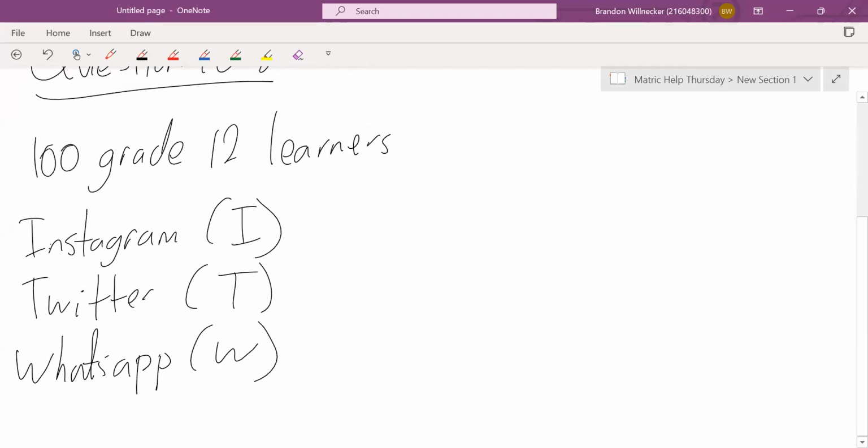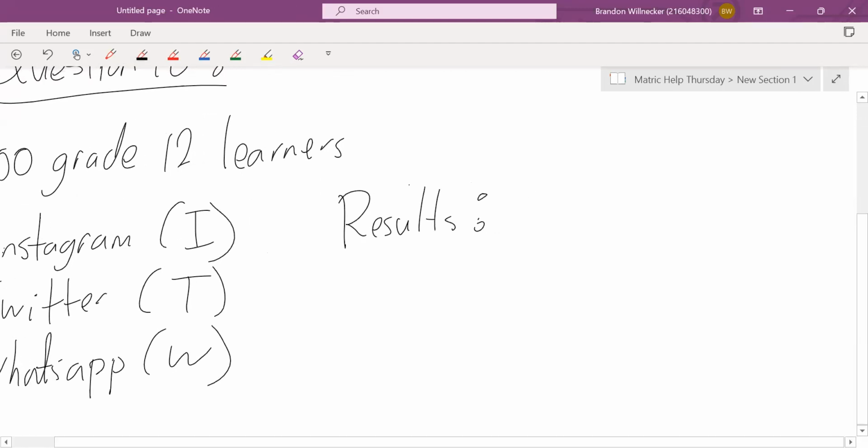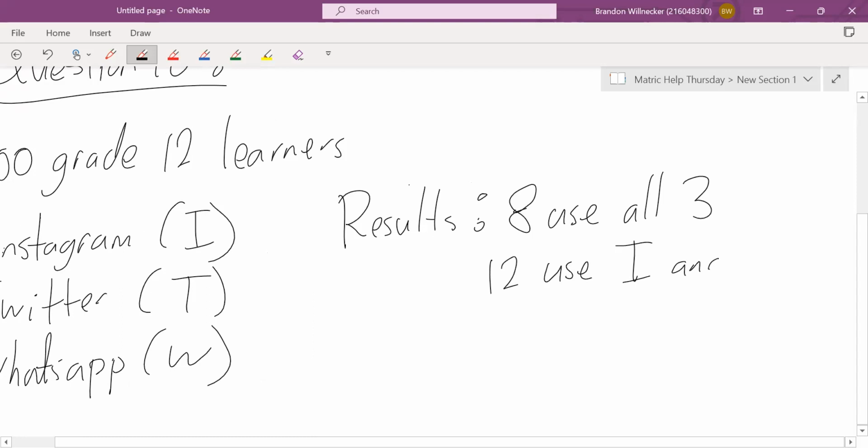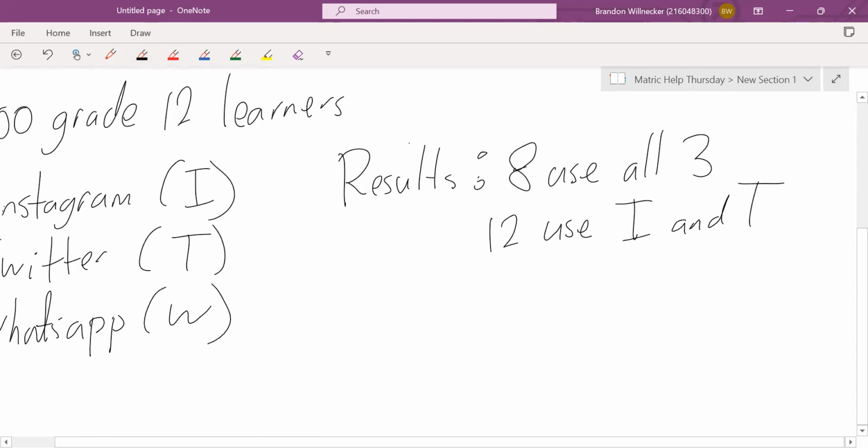And we have the results from the survey. The results are that 8 use all 3, 12 use Instagram and Twitter, 5 use Twitter and WhatsApp, but not Instagram.